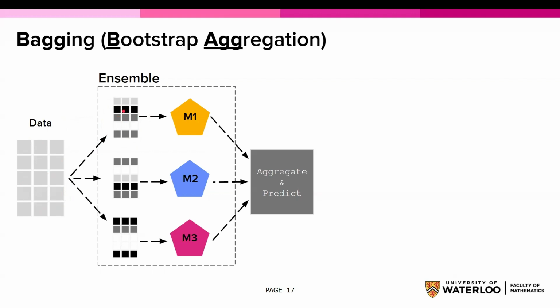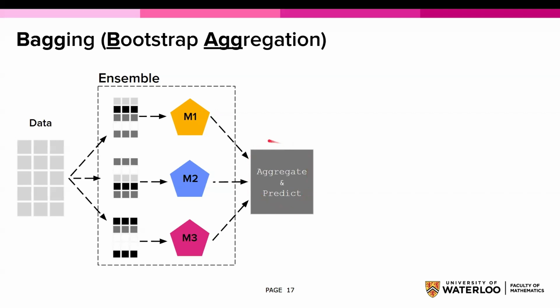And so each bootstrap realization is used to train a separate model, and we think of these models as the base models. So this is one base model, another one trained on another bootstrap realization, and a third one trained on a third bootstrap realization. Once trained, these models are then combined to make the final prediction.